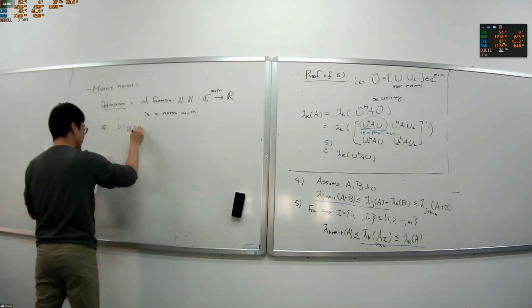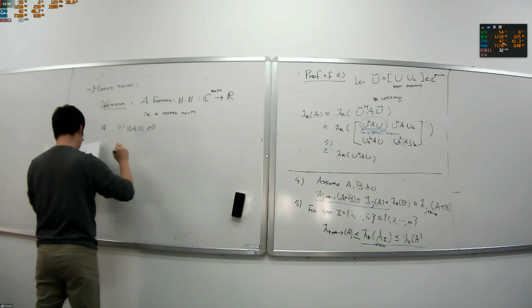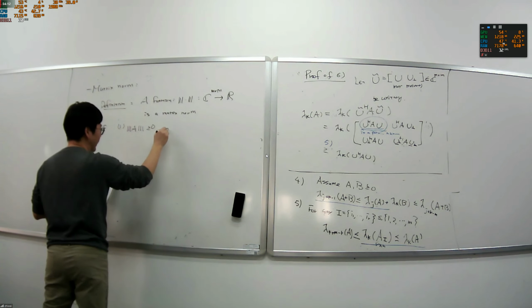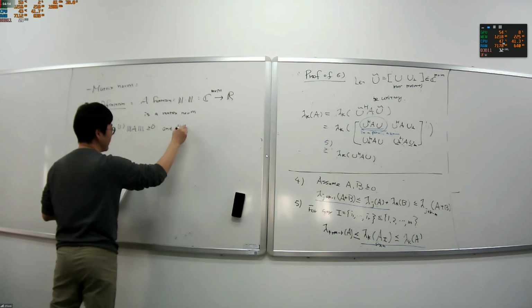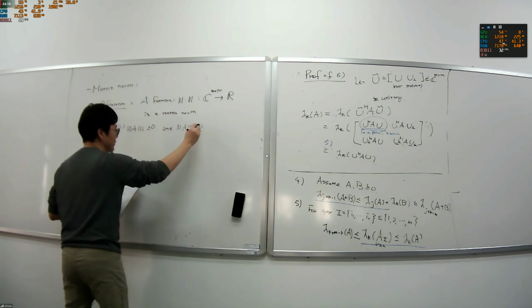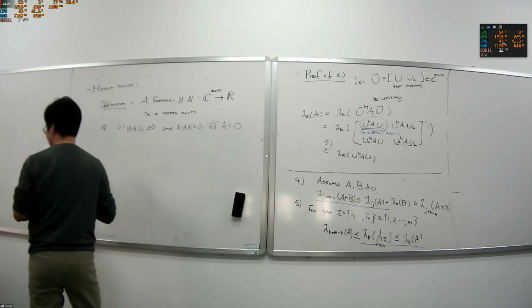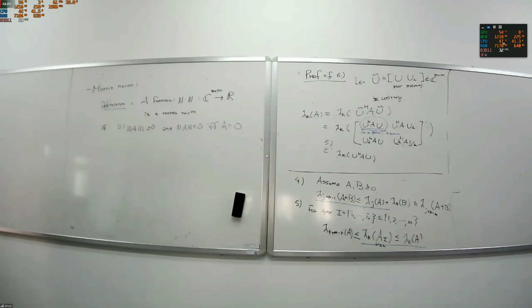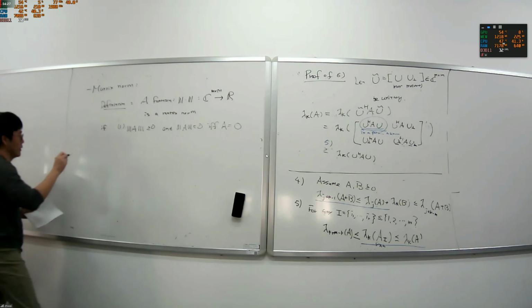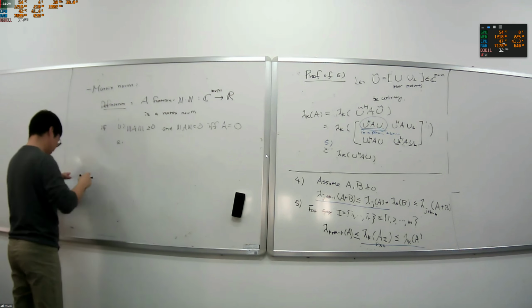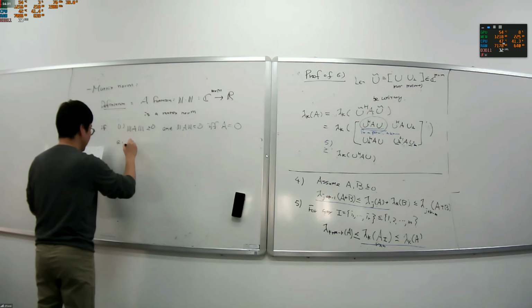One is that it must be non-negative, and it is 0 if and only if A is a 0 matrix.